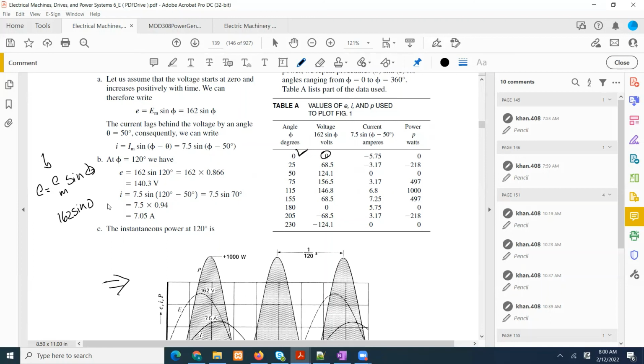If I want to find the current, we have current equals I max sine of theta minus 0, so this is 0 minus 0, that would be 0. And sorry, we have minus 50 because the current is lagging, so that would be 0 minus 50.